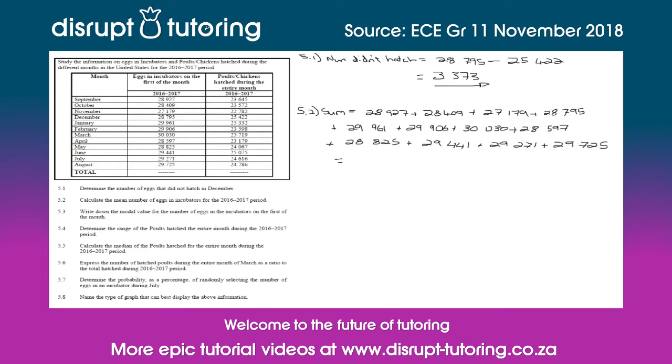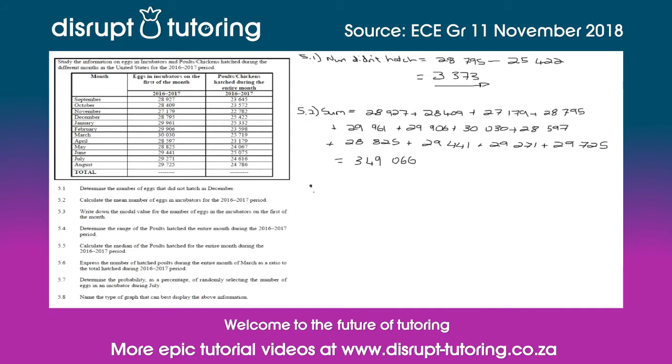Okay, so put this in your calculators. We get that it's 349,066. So that's our sum.